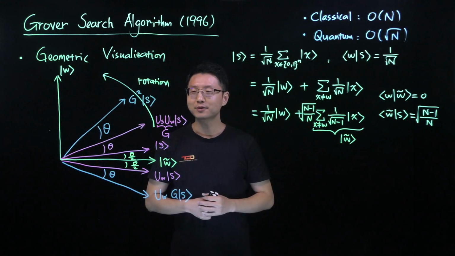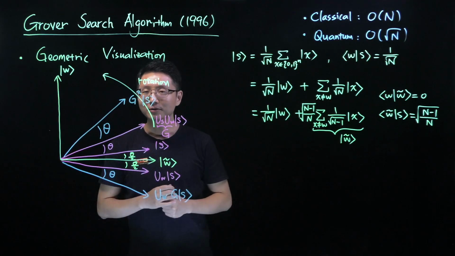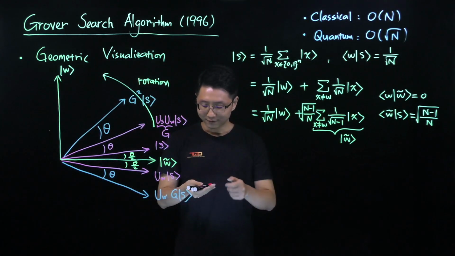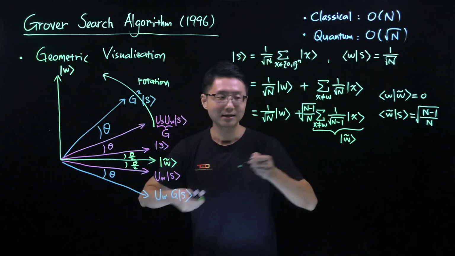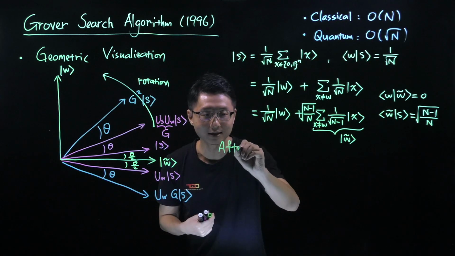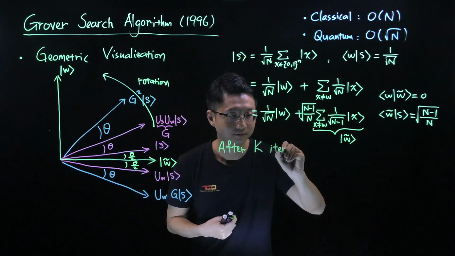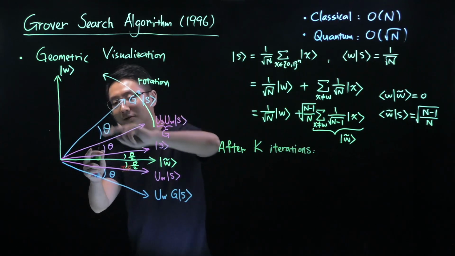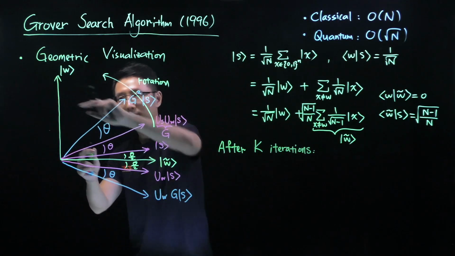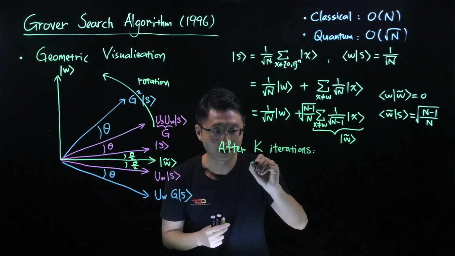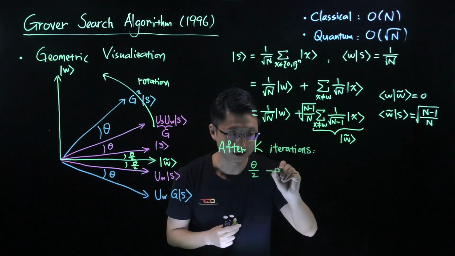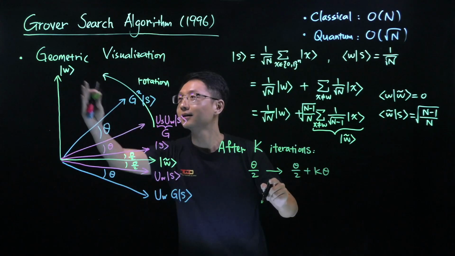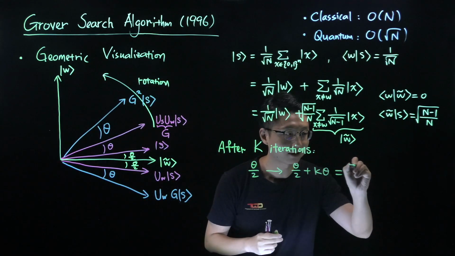So after a few iterations, the final state will be very, very close to the state W. Eventually, what we would like to achieve is that after a total of k iterations, we would like to have this angle close to pi over 2. So initially the angle is theta over 2. After k iterations, this angle will become theta over 2 plus k theta, because every time we will bring this angle theta closer to W, and we would like to have pi over 2 for this.